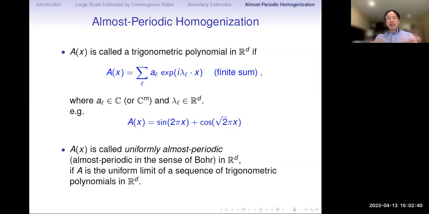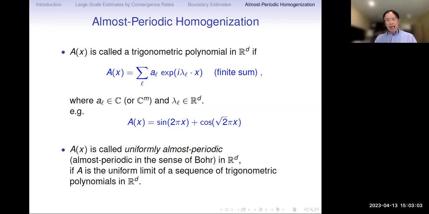The other thing I want to mention here is that so far we have been talking about periodic coefficients. And with this new approach, we can actually go beyond periodic. In particular, we can talk about so-called almost periodic functions. So what is an almost periodic function?